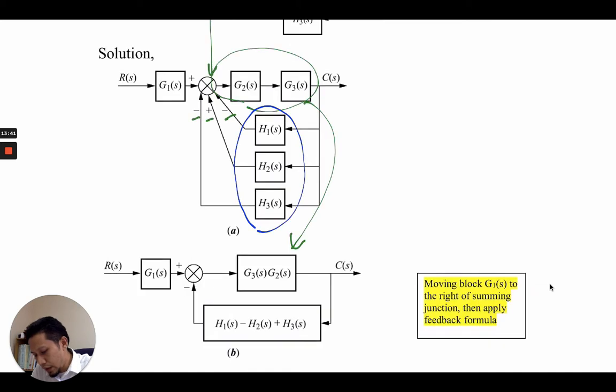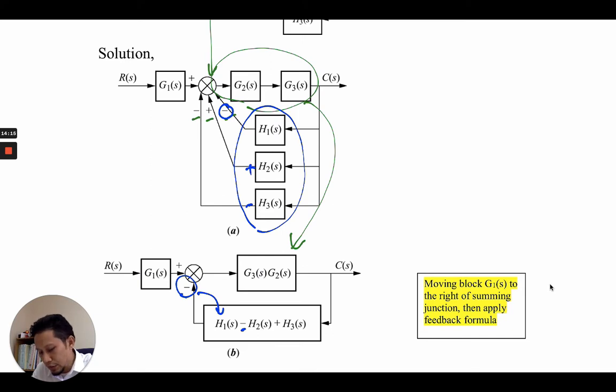So we have here, let's see the sign. Okay, so this is minus, the sign outside is minus, so it is actually minus H1, and then we have positive H2, so minus becomes positive H2, and then another one we have here is minus H3.